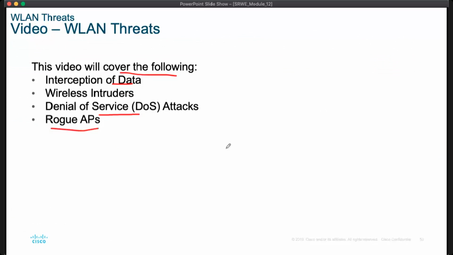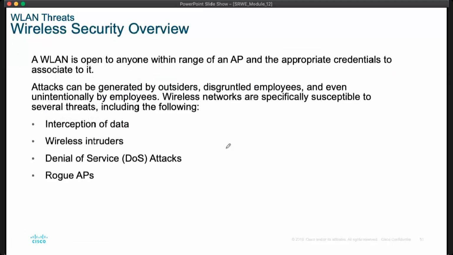Okay, that's regarding wireless LAN threat. Wireless security overview. A wireless LAN is open to anyone within range of an AP and the appropriate credential to associate to it. Attacks can be generated by outsiders, disgruntled employees, and even unintentionally by employees.